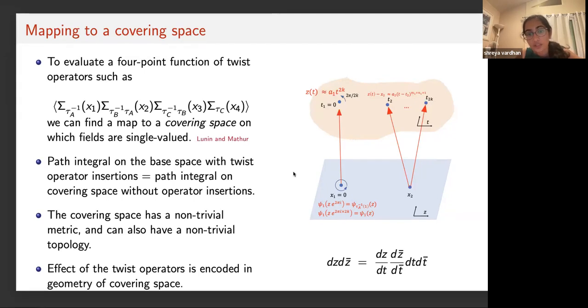And in general, it can also have some non-trivial topology. So the path integral on this covering space will be more complicated because of the non-trivial geometry. And this non-trivial geometry captures the effect of the twist operators.